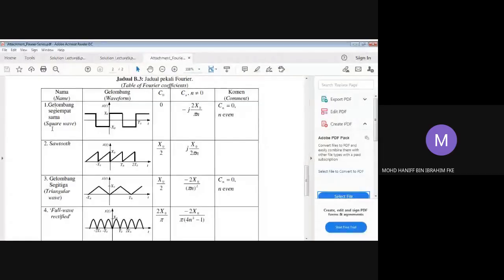Oh, this is the one that you mentioned to me. Square wave, is it? Yeah, it should be the one. Why this one? Okay, so compare the signals here with the one that you have in the problems.